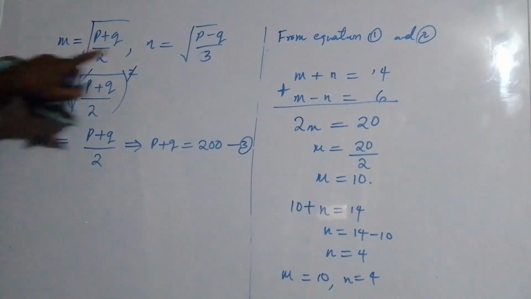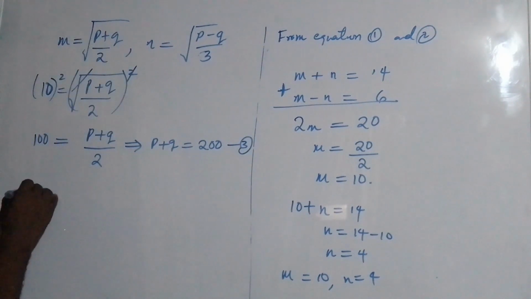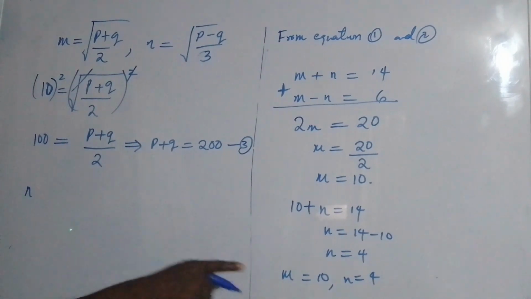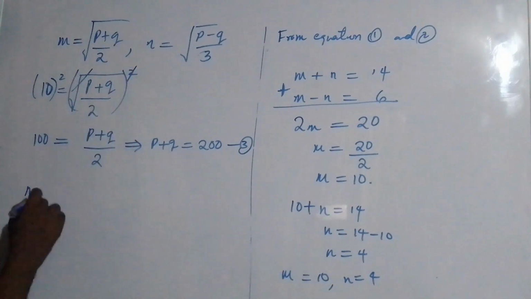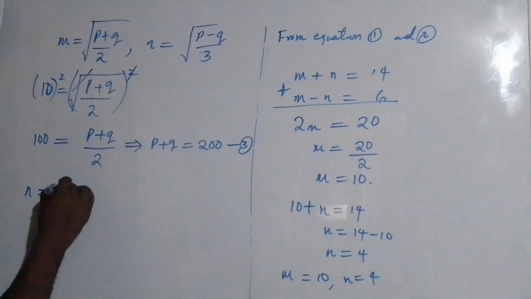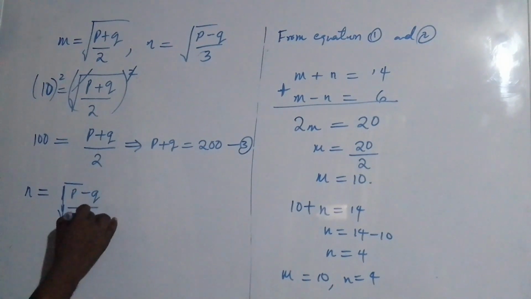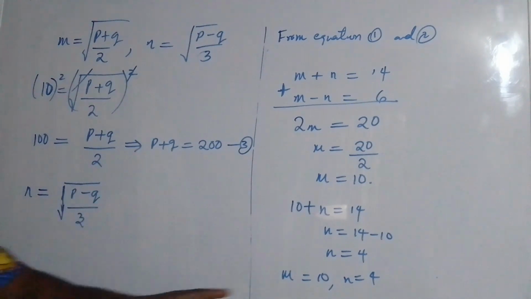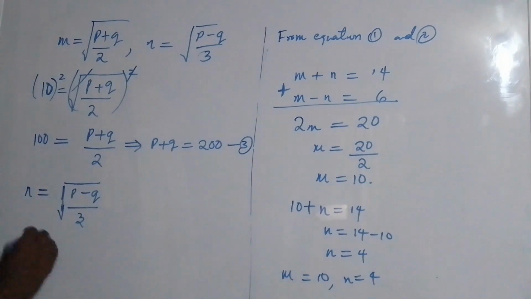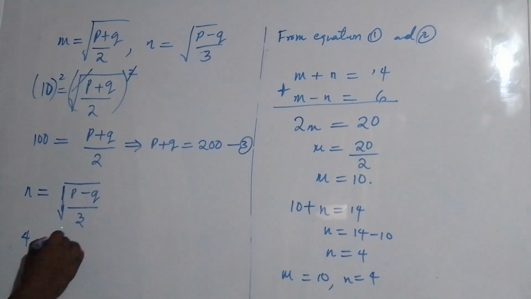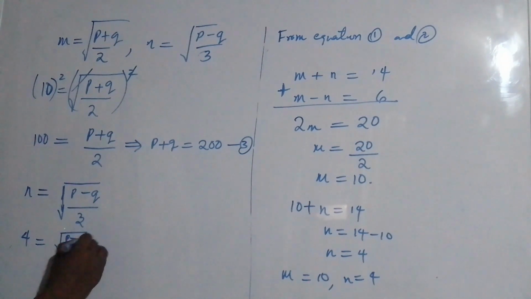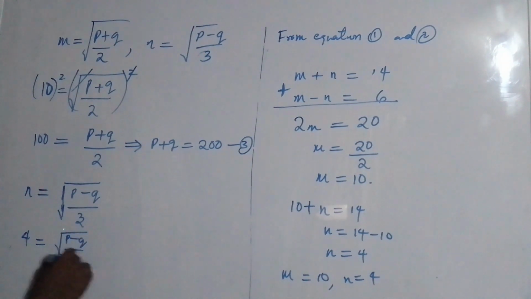Now, from n equal to 4, I have n equal to the square root of P minus Q all over 3. But n equal to 4. So I have 4 equal to the square root of P minus Q over 3.